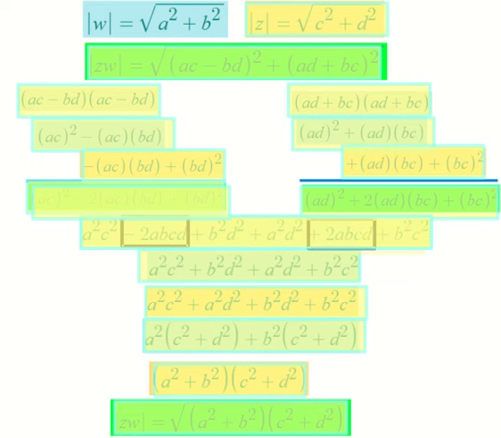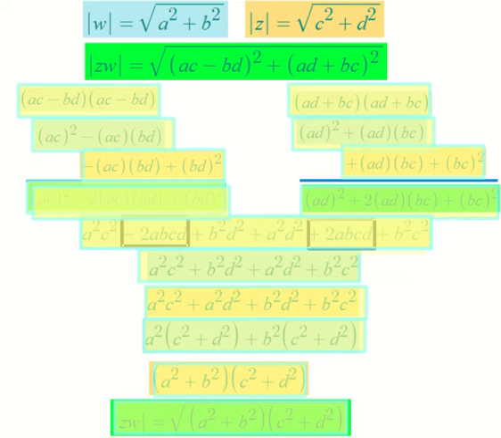The modulus of vector z is the square root of c squared plus d squared. When we think of zw, we calculated the square root of (ac minus bd) quantity squared plus (ad plus bc) quantity squared.